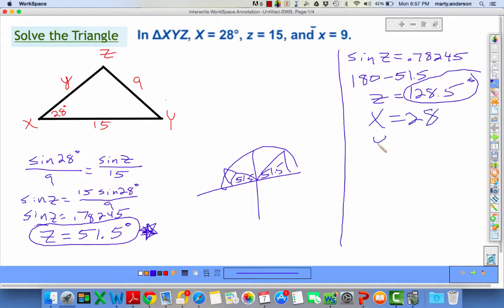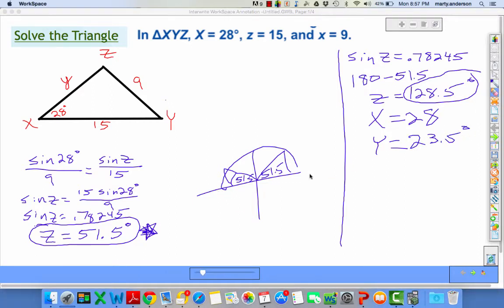Can I fit another angle in there, y, that is going to make it 180? And the answer is yes. These two add up to 156.5, which leaves 23.5 for y.